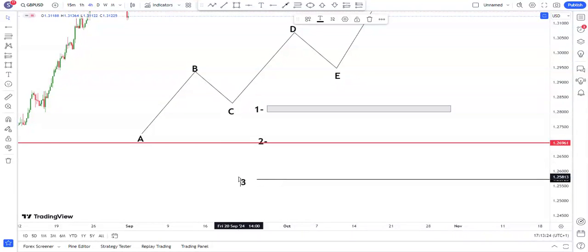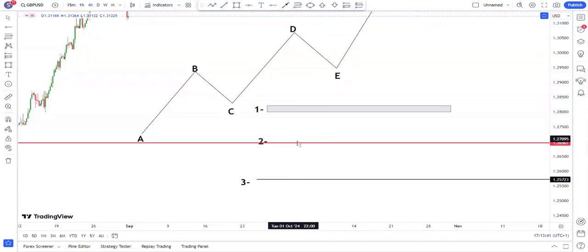Number three, this is the third tool I use, the horizontal ray. It starts from the point down to the right hand side of the screen. So it serves the same purpose.